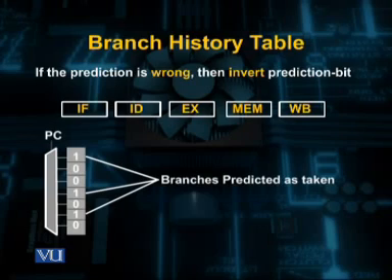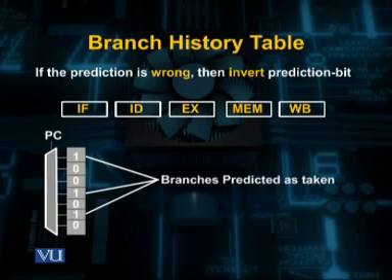The memory also contains a bit known as prediction bit. This bit specifies whether the branch was taken or not taken recently. Here, the branches predicted as taken are represented by making this bit equal to 1, and the branches which are not taken are represented by the bit value equal to 0.